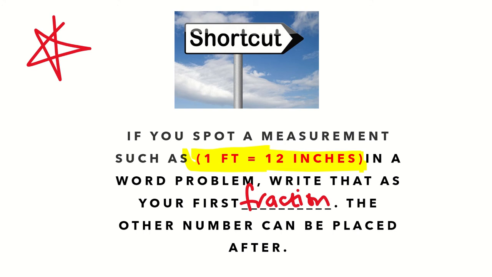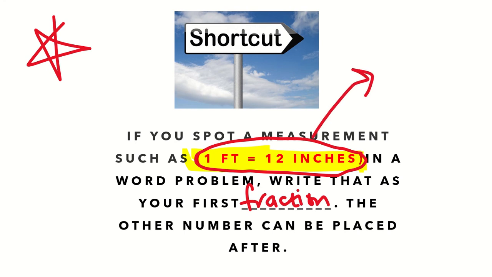The other number can be placed after or later. So if you see one of these in a word problem, immediately pull that out and write that as a fraction, like this, 1 foot over 12 inches.